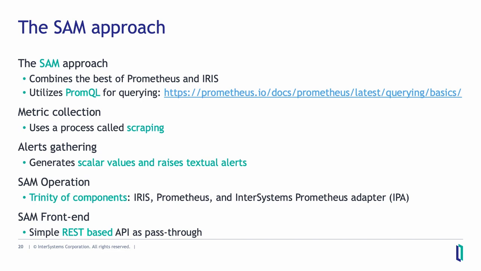Clearly, IRIS, to participate in the scheme, would need to be implemented and installed with a separate binary which implements the collector, which is the traditional Prometheus approach. We've actually implemented the collector directly in IRIS as a pre-installed web application.